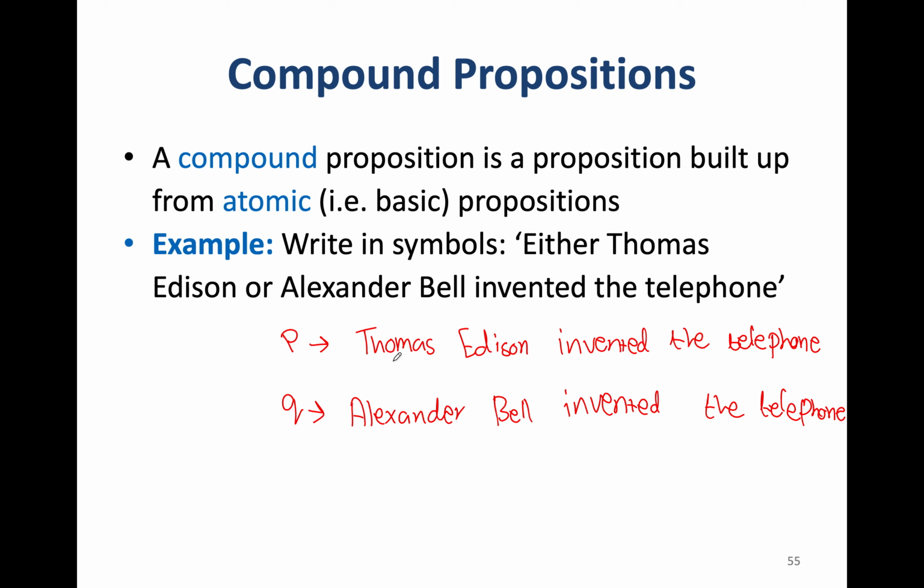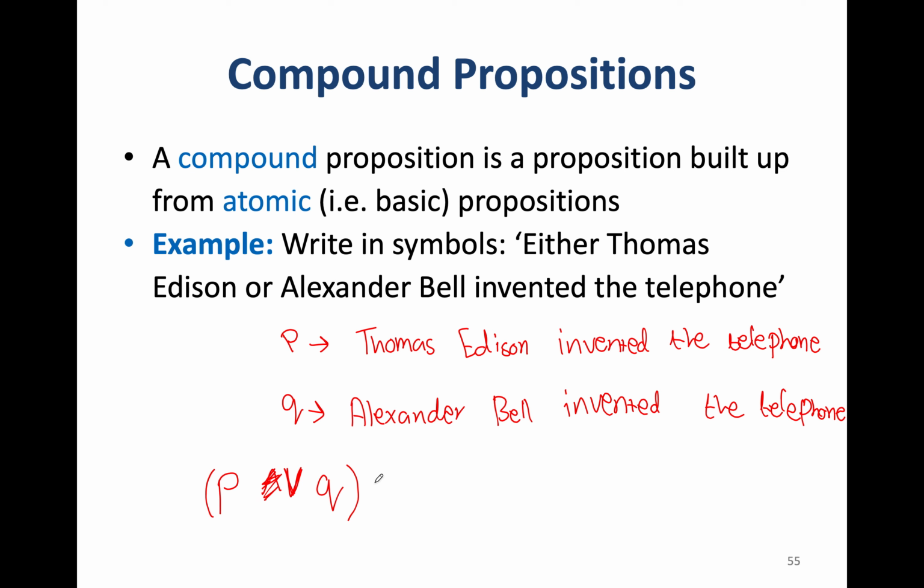So the statement says either Thomas Edison or Alexander Bell invented the telephone. So first thing we can say is either, so Thomas Edison or Alexander Bell, sorry, OR is this simple. So either Thomas Edison or Alexander Bell invented the telephone.